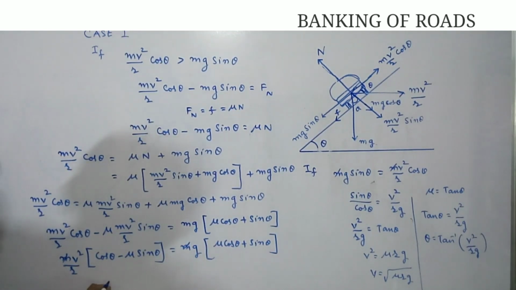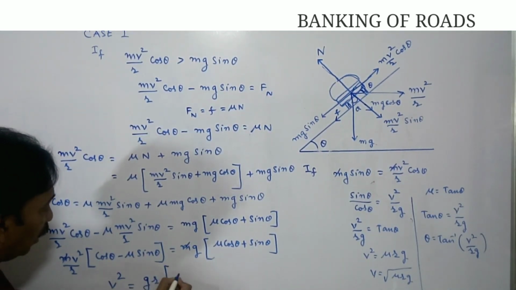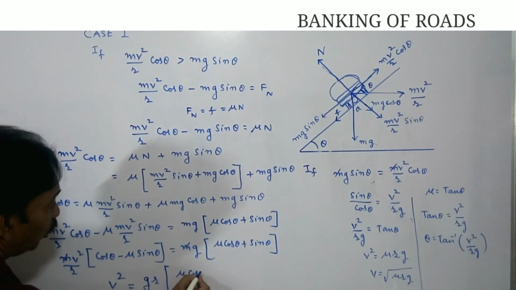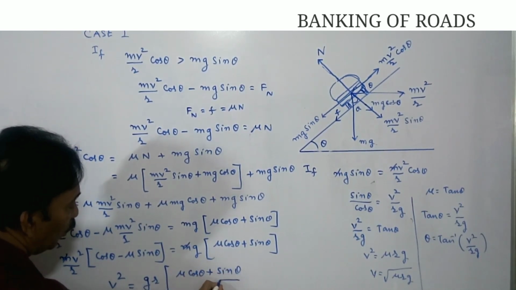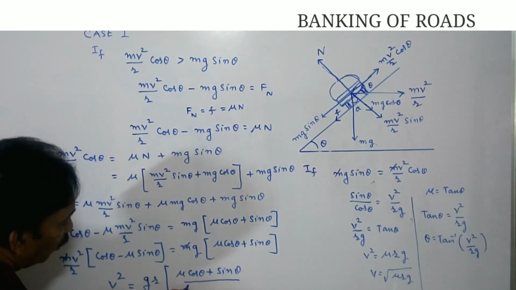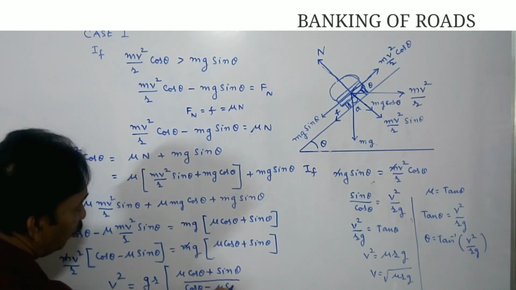The m gets cancelled. v square is equal to gr of mu cos theta plus sin theta upon cos theta minus mu sin theta.